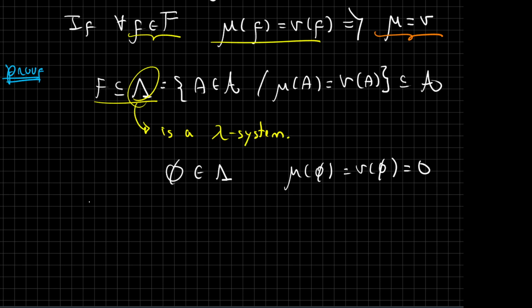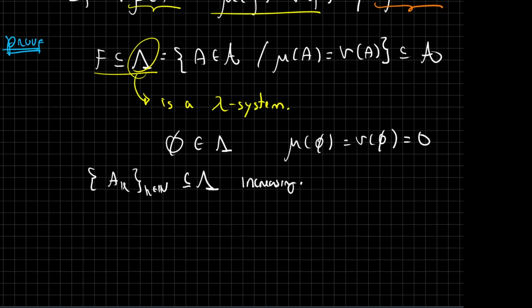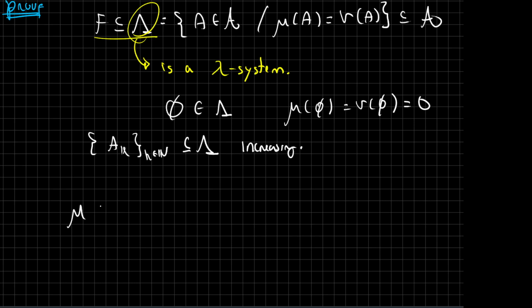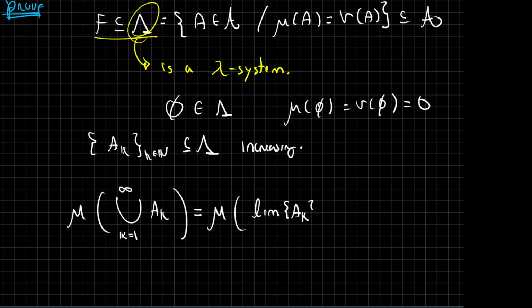So now let's suppose we have some increasing countable family inside this set. We have that the measure of this increasing family is equal to the measure of the limit of ak, because you need to remember that whenever you had a family which was increasing, then its limit was the union of every element.